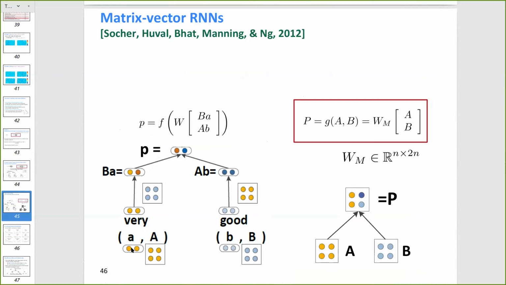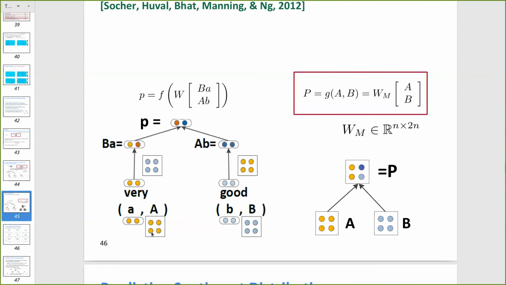These matrices are much bigger in terms of dimensionality than the vector embeddings. So they're in sort of the original word space. I'm not sure about that.